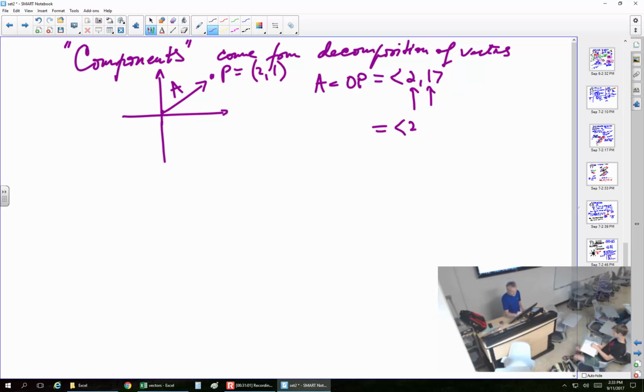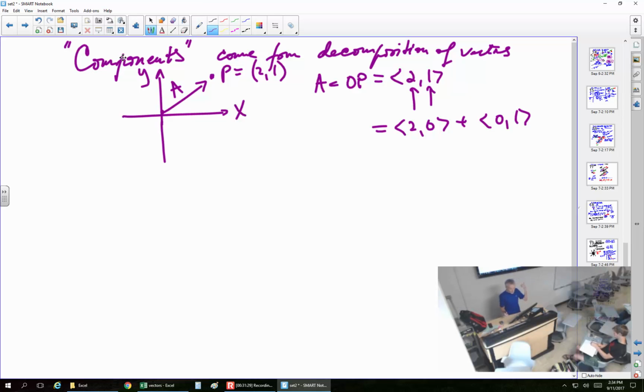So this is what I mean: (2, 0) plus (0, 1). That's the initial decomposition of the vector in the plane into two separate directions, with respect to x and separately with respect to y. So I'm moving backwards with the vector addition. Instead of adding vectors, I take a vector and decompose it into a sum of two vectors.